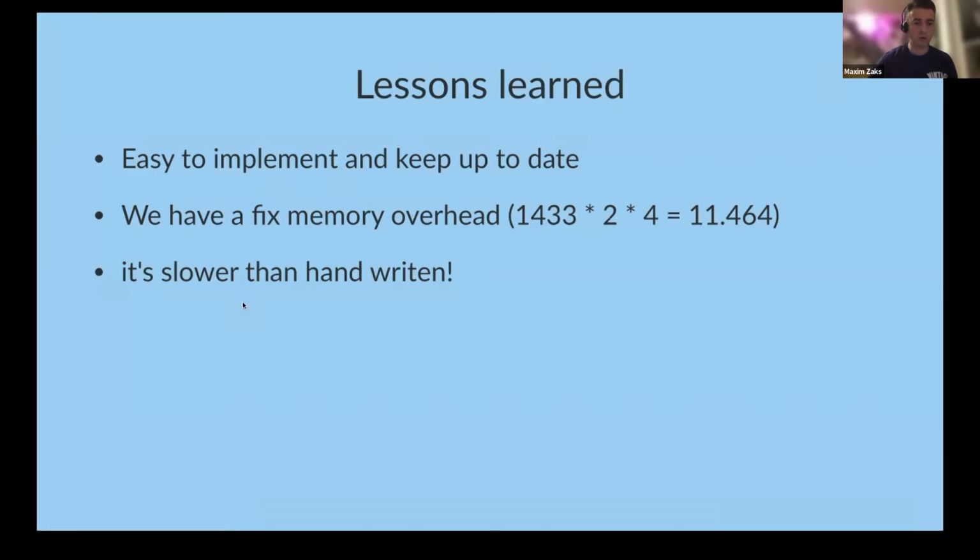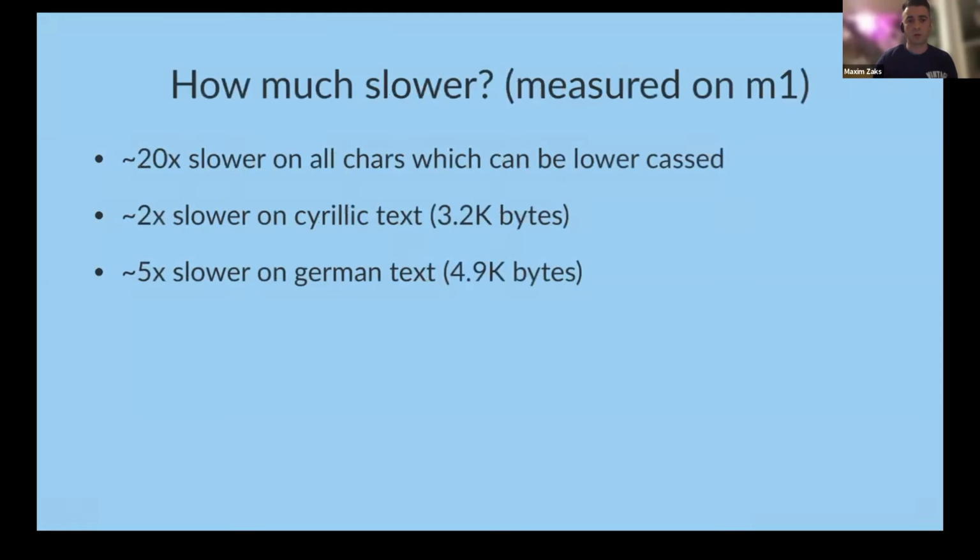But the main problem is it's actually slower than the handwritten version. You might ask how much slower? Well, I measured it on M1, and I have multiple tests. One test where I just go through a list of all uppercase characters which can be lowercase. In this test, lookup is actually 20 times slower.